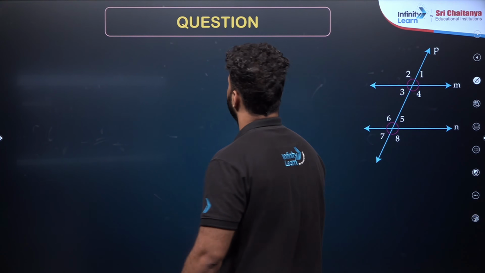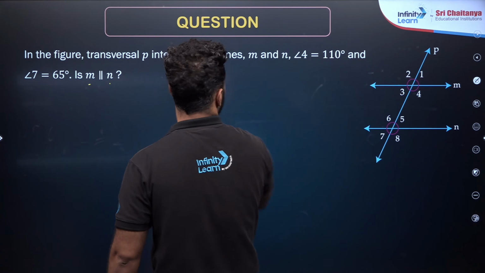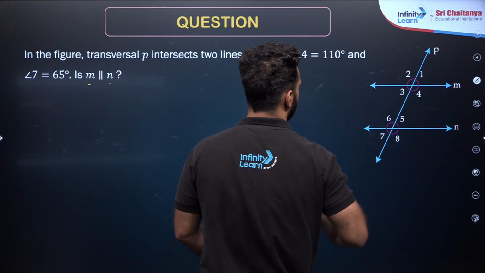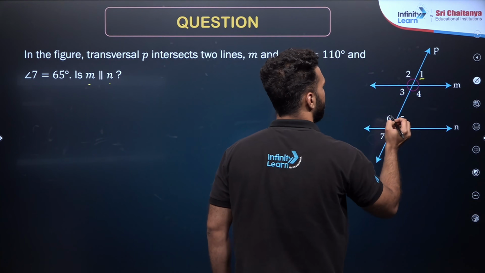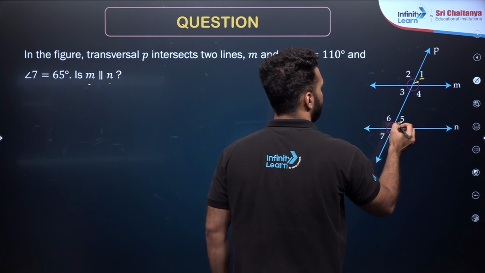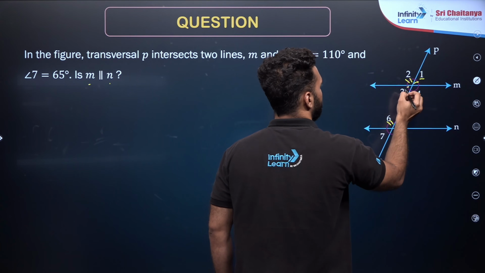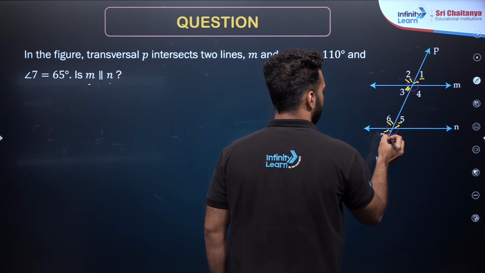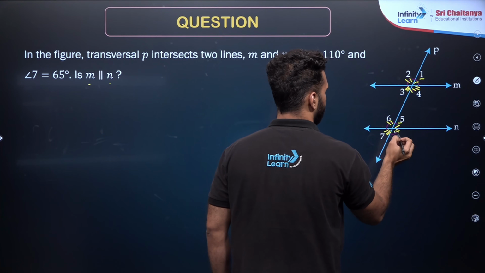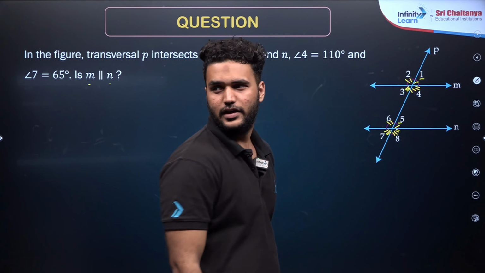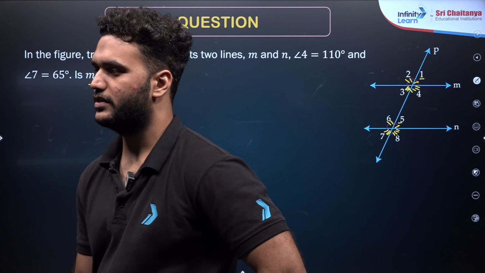Now this question. Here we have a question that these two lines M and N are parallel. Okay, this is your M, this is your N. It means we can directly say this angle and this angle will be equal, this angle and this angle are equal, and so on. They are equal because the sum of two angles is 180.